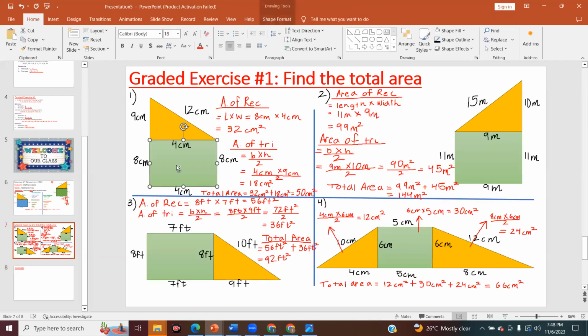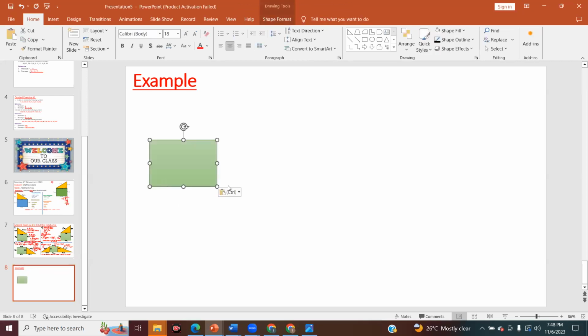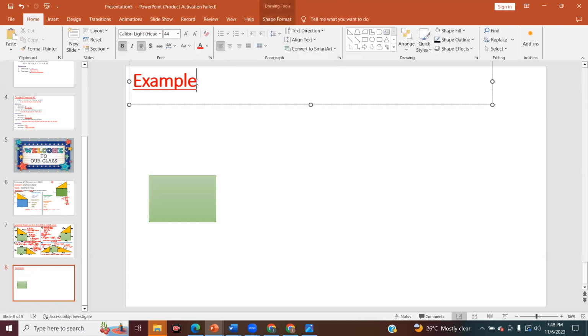All right, so let's do another one. So examples, but with these examples, we have non-right angle triangles.